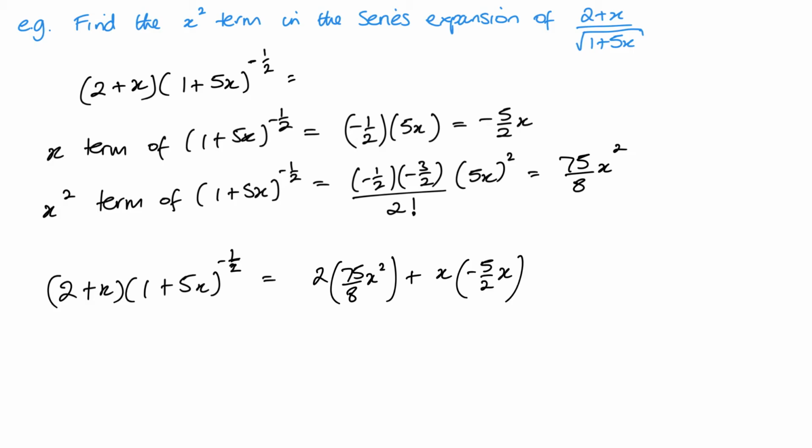And that's what we're taking, because we don't want to do a full expansion just for some simple terms. So we get 75 over 4x squared minus 5 over 2x squared. And jump into my calculator there, it gives me 65 over 4x squared. And that is then the x squared term.